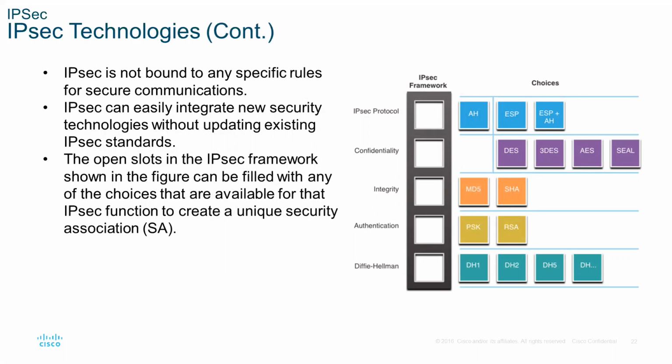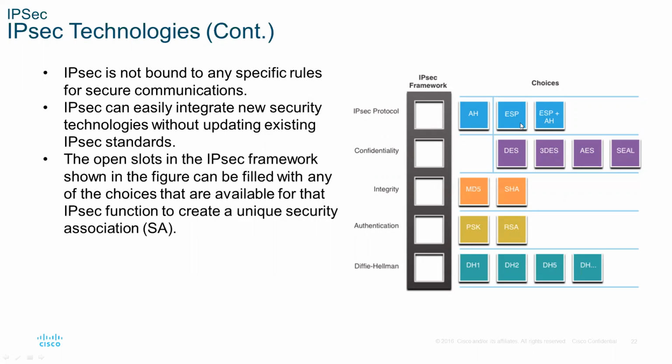Okay, so as you can see from the graphic, we can see what items coincide to whichever point in the module. So effectively, when we're talking about the IPSec protocol, we get to choose which one of these we're going to use.